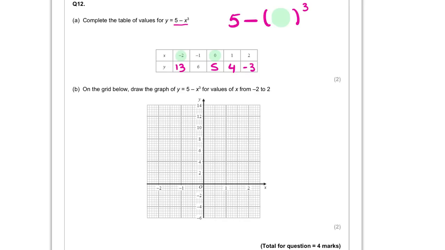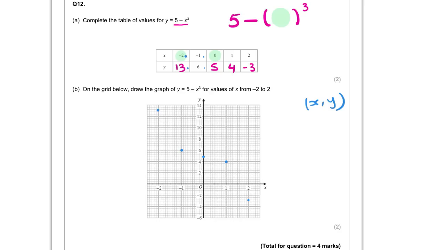So you all know how to plot the coordinates. It always goes x, y. So minus 2, 13. I go across to minus 2, up to 13. Minus 1, 6. Across to minus 1, up 6. 0, 5. 0, 5. 1, 4. 2, negative 3. There we go.